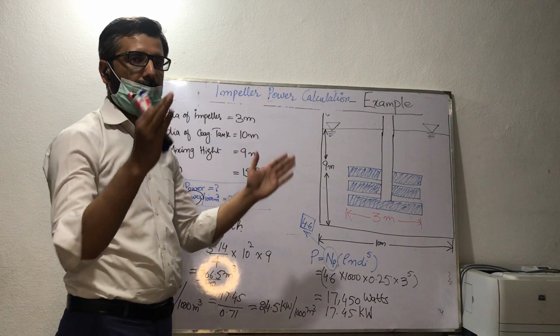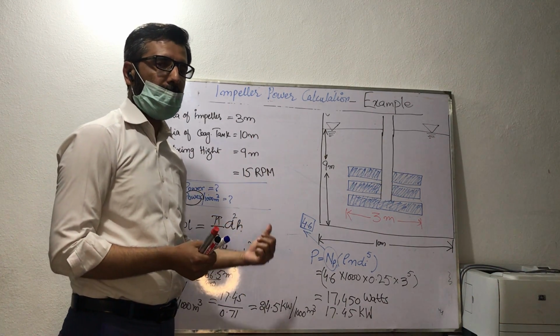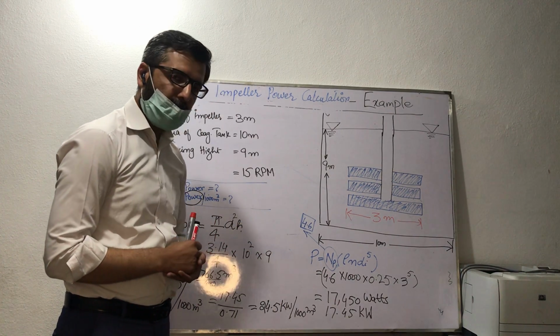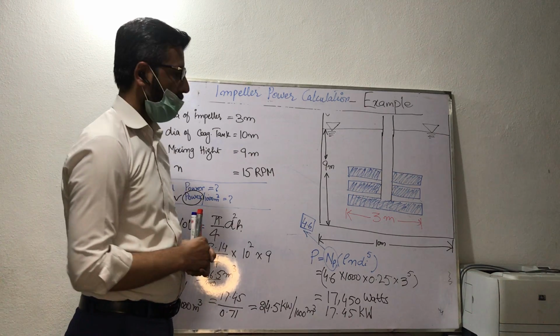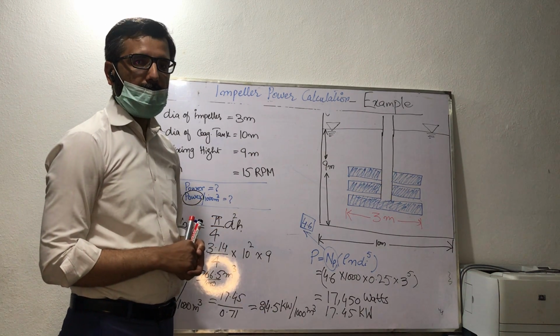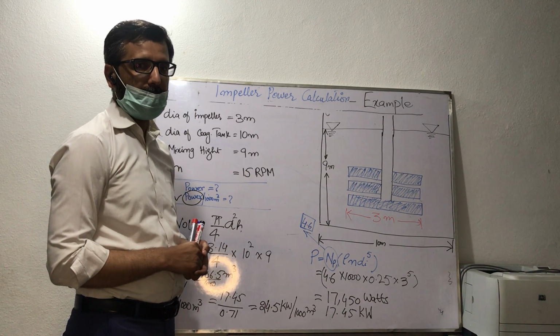If we have a chamber of 1000 cubic meter, the power requirement for that 1000 cubic meter would be around 24.5 kilowatt. So this was the example to calculate the power of the impeller inside the chamber, and we have calculated that by using two formulas.